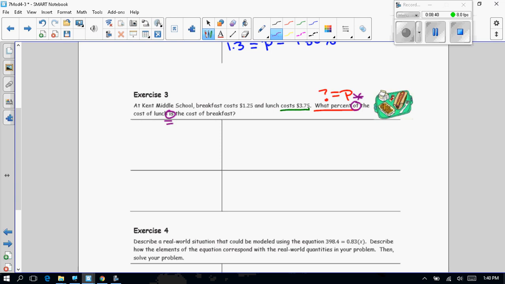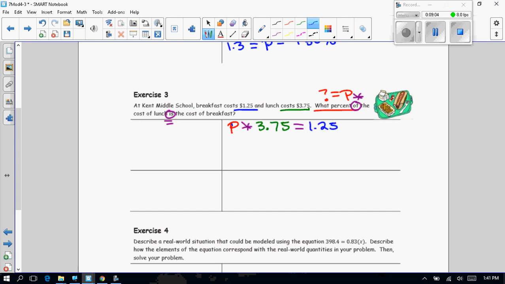All right, so breakfast, we know, is $1.25. So let's see here, what percent, I'm going to use that as letter P, of, I'm going to multiply, lunch, we know lunch is $3.75, is the equal sign of breakfast. Breakfast is $1.25.